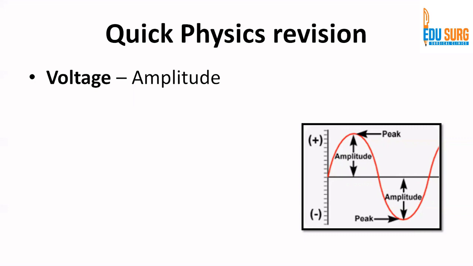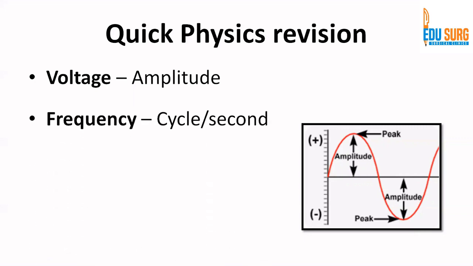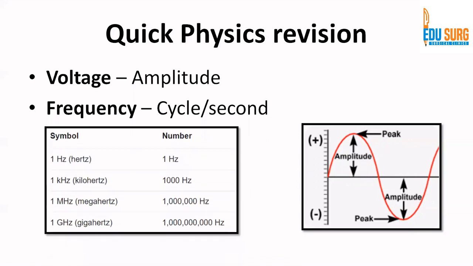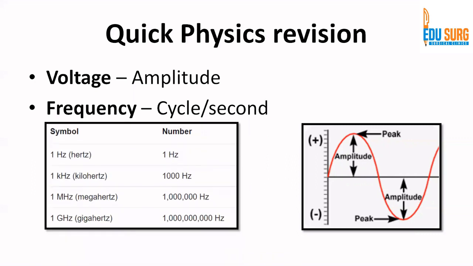So one important term is voltage, which is the peak amplitude of the current. And the other important term is frequency, which is cycles per second, right? So 1 hertz is 1 cycle per second. 1000 hertz, or 1 kilohertz, is 1000 cycles per second.